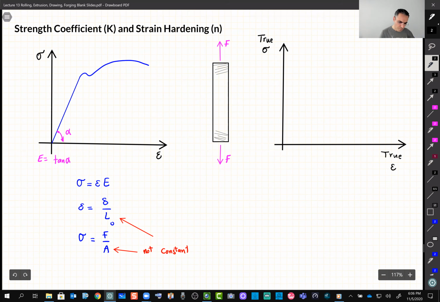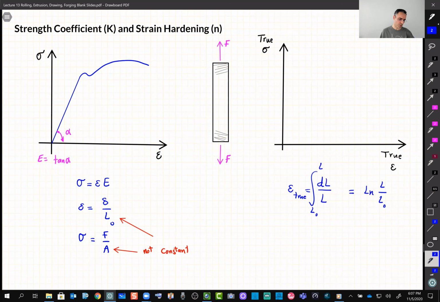True epsilon we can define as delta L divided by L, and then we integrate from L0 to whatever L we get. So we get the logarithm of L over L0. This is what we know as true epsilon.